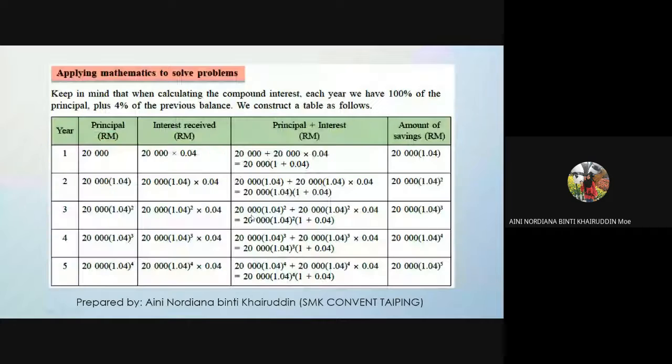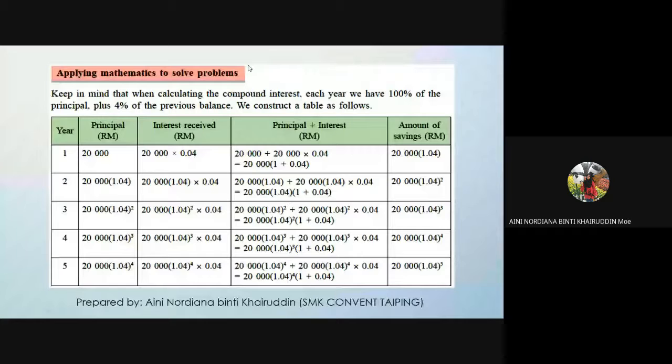Okay, step 4. Ni step 3. Applying mathematics to solve problem. Keep in mind that when calculating the compound interest, each year we have 100% of the principal plus 4% of the previous balance. We construct a table as follows.